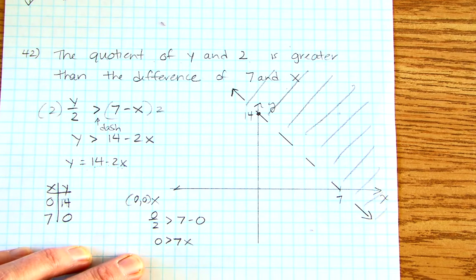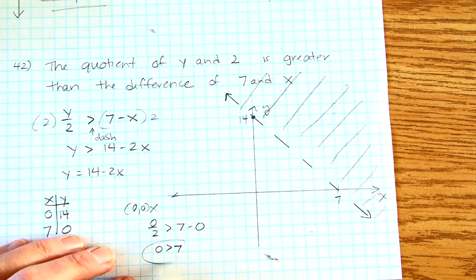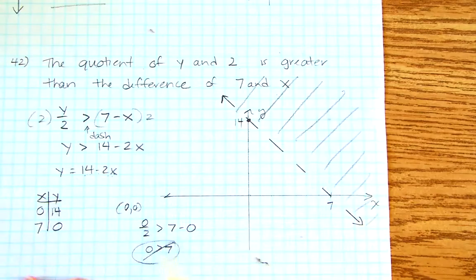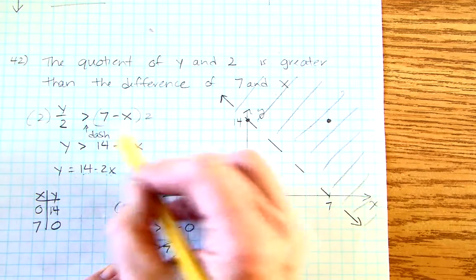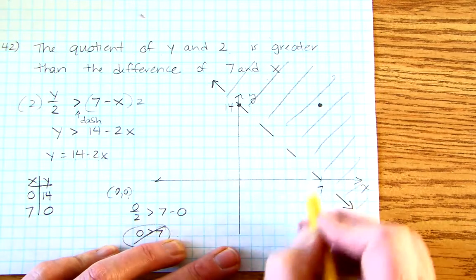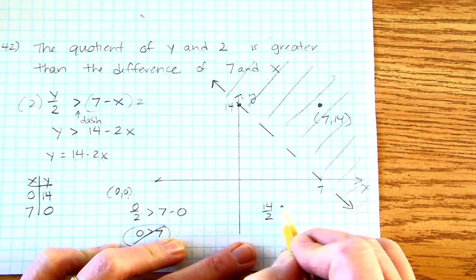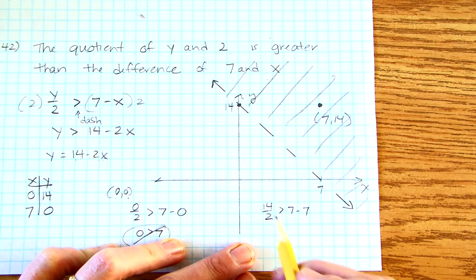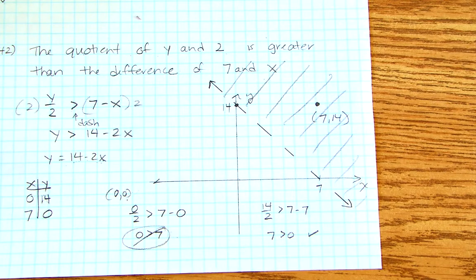The original inequality: testing 0, 7, no. It is not part of the solution. Zero doesn't work. And what I was going to say, that works. And y is 14. Is 15.